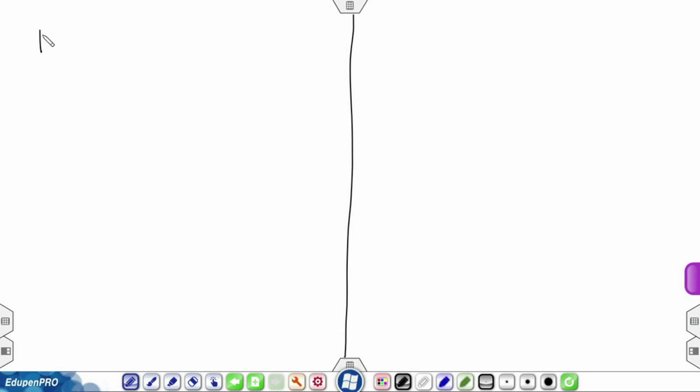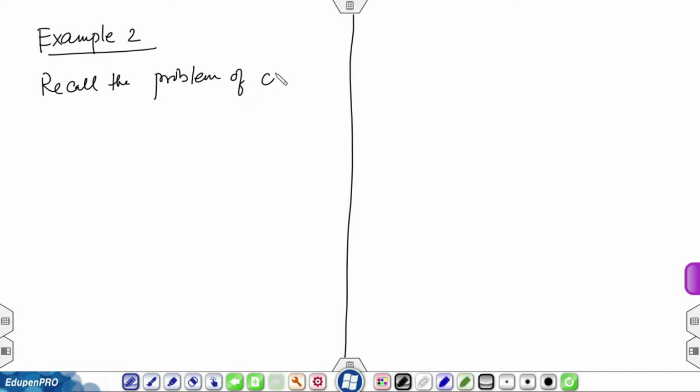So, problem example 2, recall the problem of charge in front of a grounded plane, grounded conducting plane.